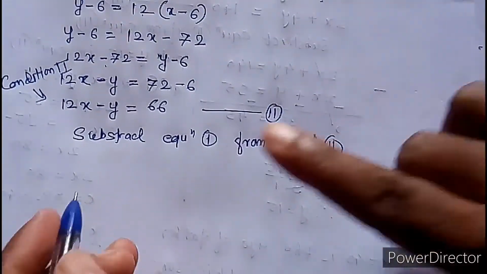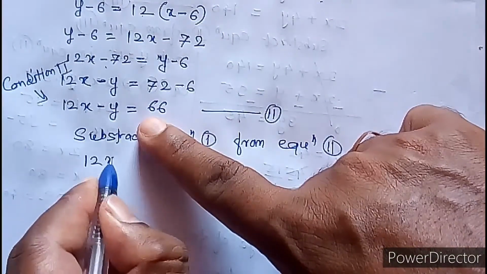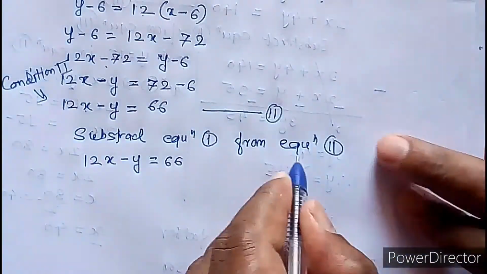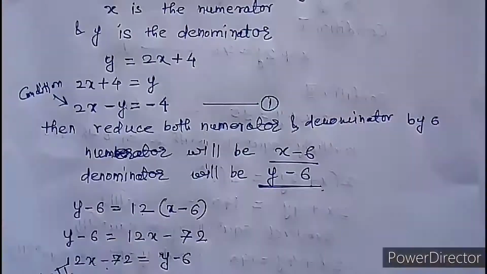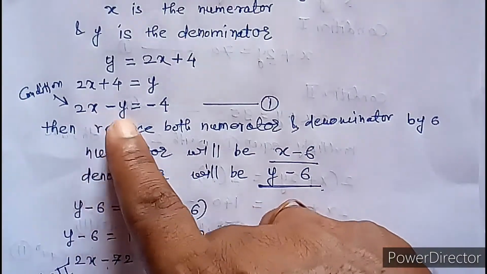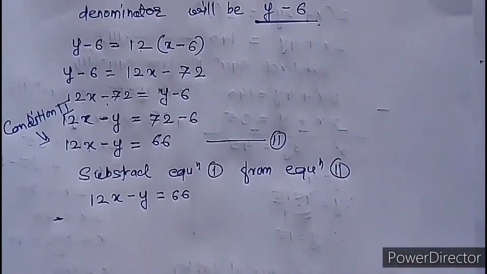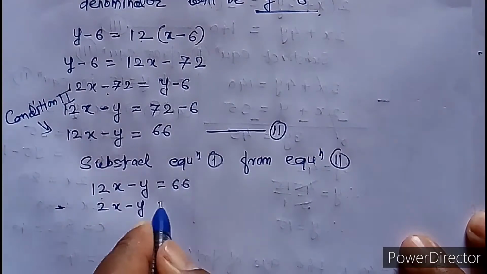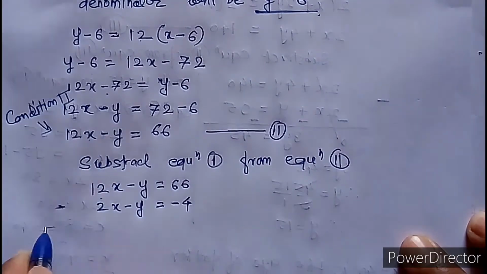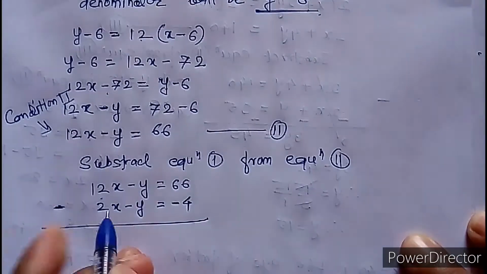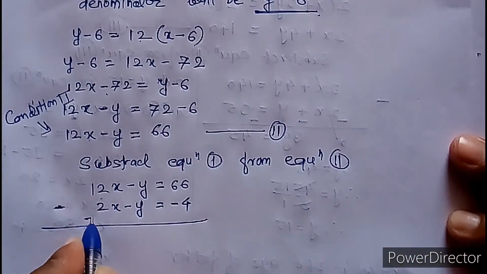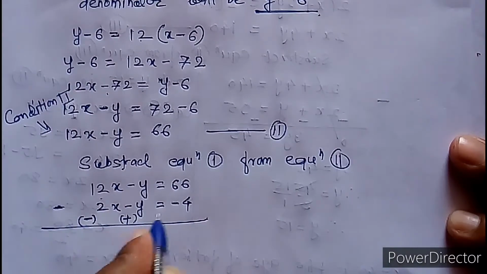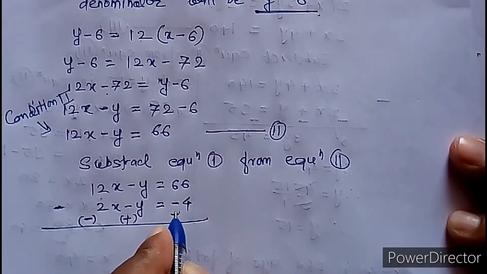Equation 2 is 12x minus y equals 66, and we subtract 2x minus y equals minus 4. The minus sign changes the signs of the second equation.